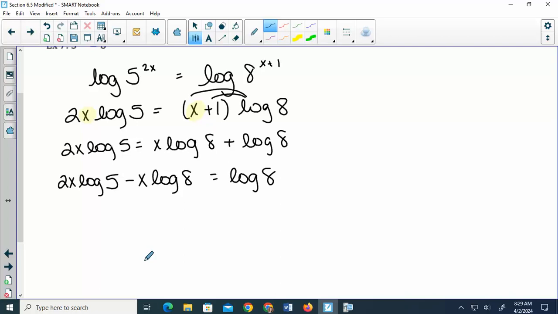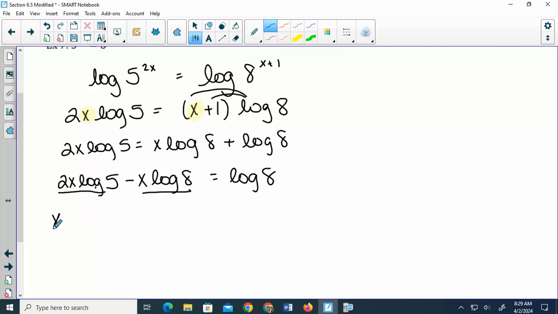Possibly divide the log 8 and then divide it by the log 5? Right idea, but we need to do something else before that. Because if we divide the log 8 right now, it would go to every single term. So it would help if we had this factored first. What do both of these terms have?